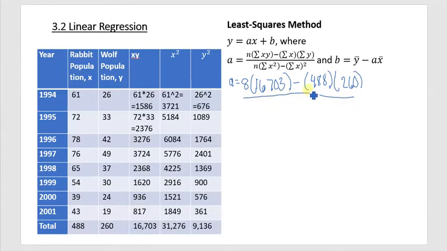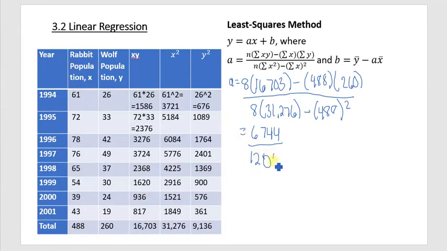Okay, and that's all over the number of data points times the sum of the x squareds, which is 31,276, minus the sum of the x's, which we already know is 488, and then we'll square that. For the numerator, 16,703 minus 488 times 260. For the numerator, I get 6,744. And then for the denominator, I get 12,064.